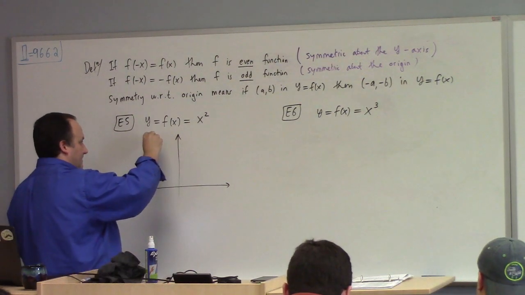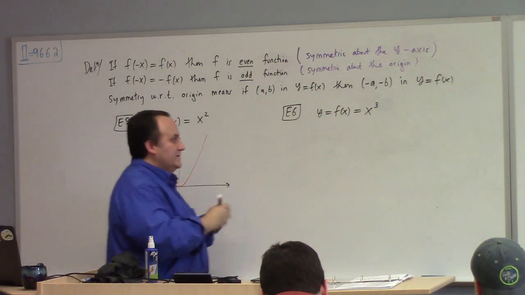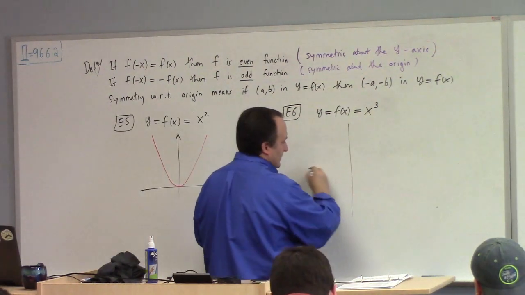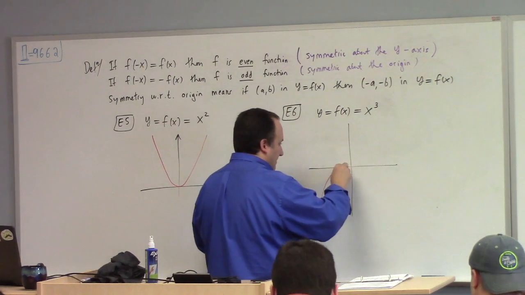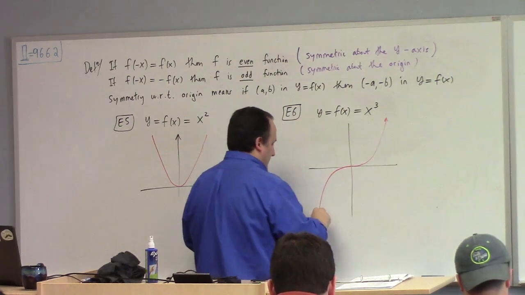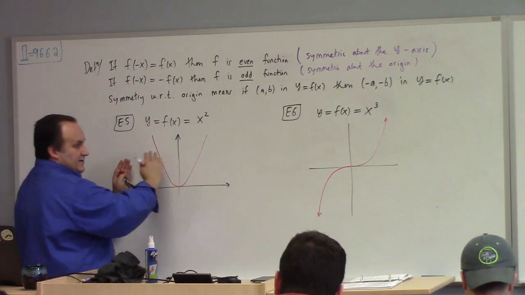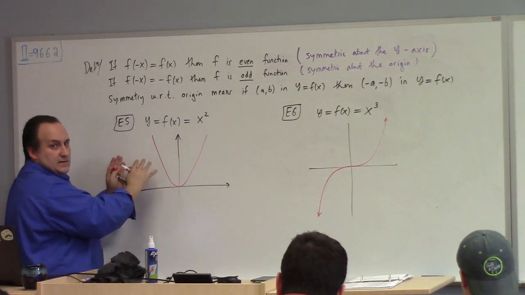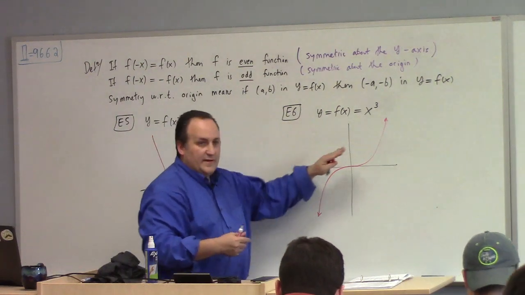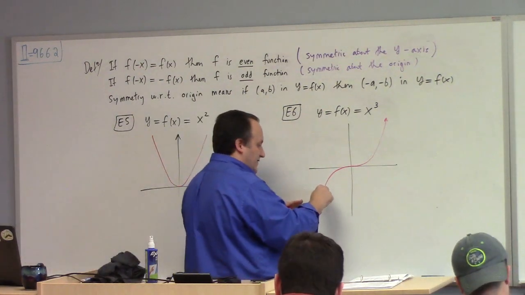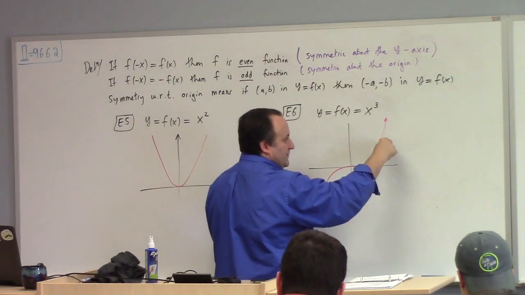Looks like this. Y equals x cubed looks like that. So this is a quintessential example of an even function. It's symmetric about the y-axis, see that? Whereas this is a quintessential odd function. It's symmetric about the origin. See, if this is a point down here, minus 1, minus 1, it gets paired with the point up here, 1, 1.